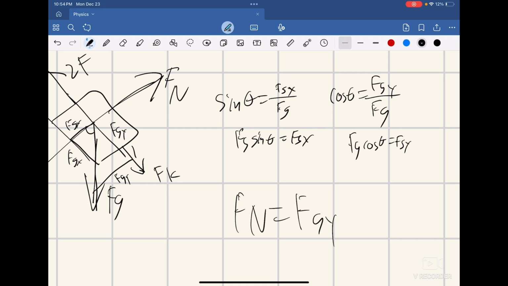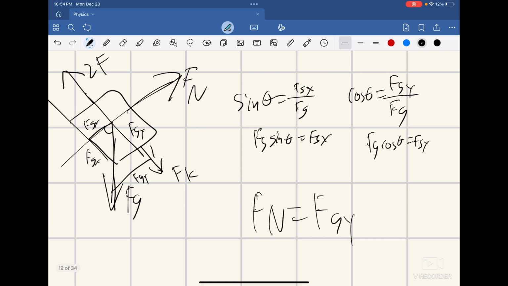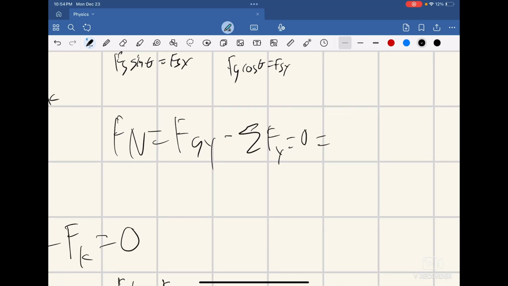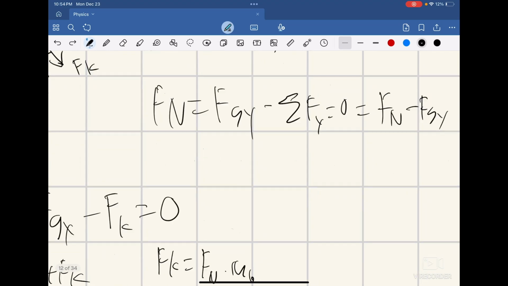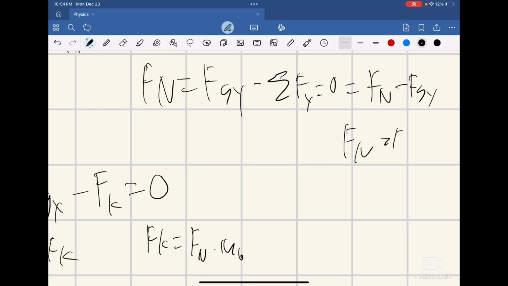The reason why is because those are the only two existing forces, and it's not moving in the y direction at all. Therefore, sigma F_y has to equal 0. And since this is also equal to F_N minus F_gy, because F_N is acting this way and F_gy is acting this way, these two have to be equal to each other. F_N has to equal F_gy.